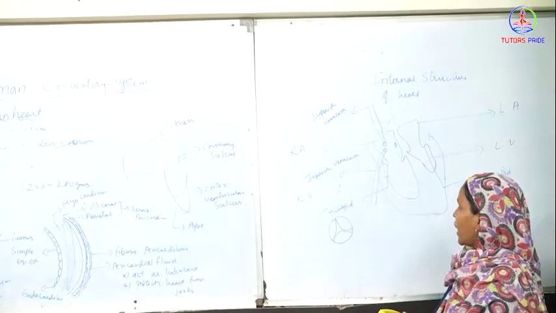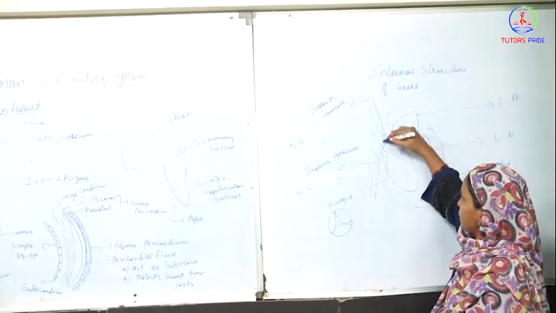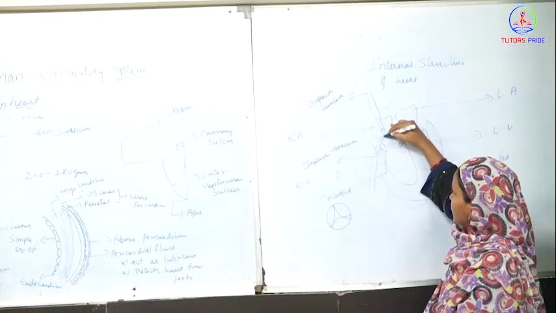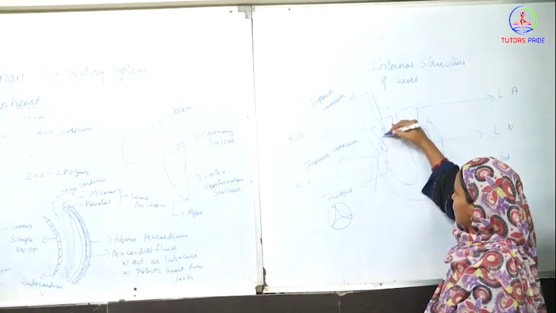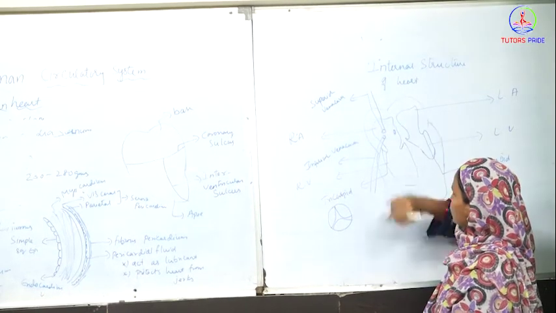Now we have valves here in the veins. The valves are there in the inferior vena cava and in the coronary vein also.